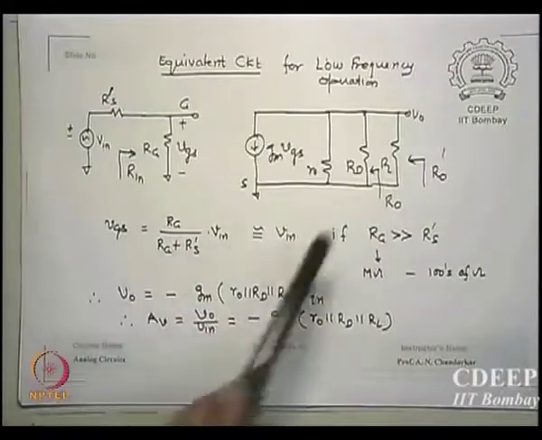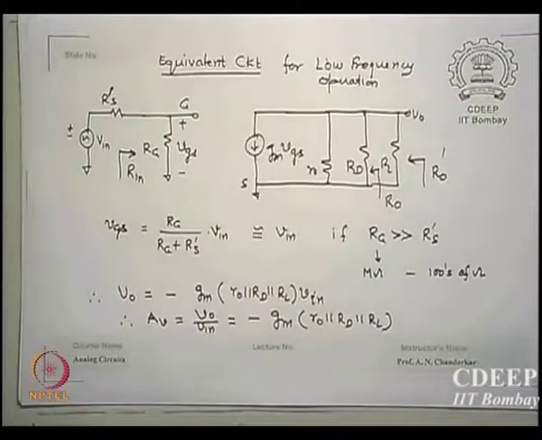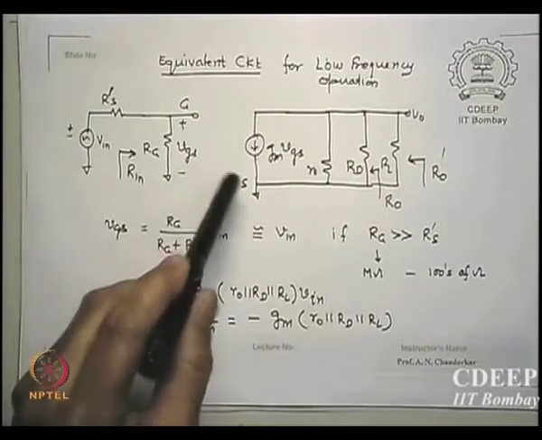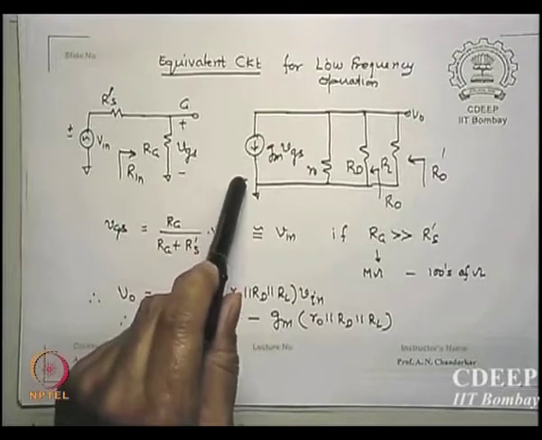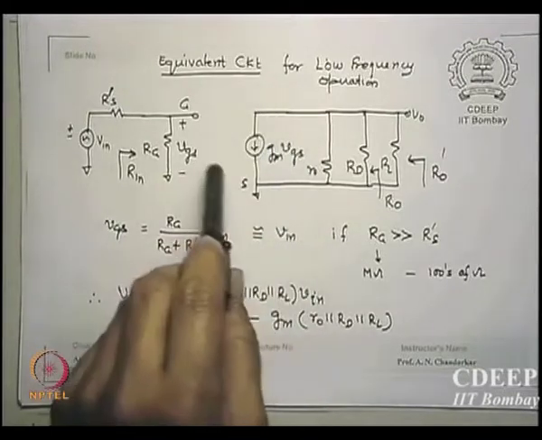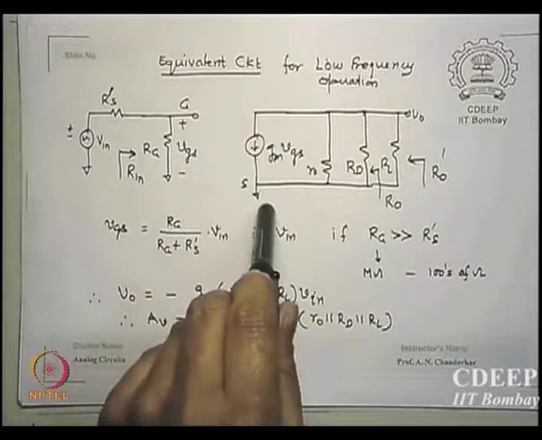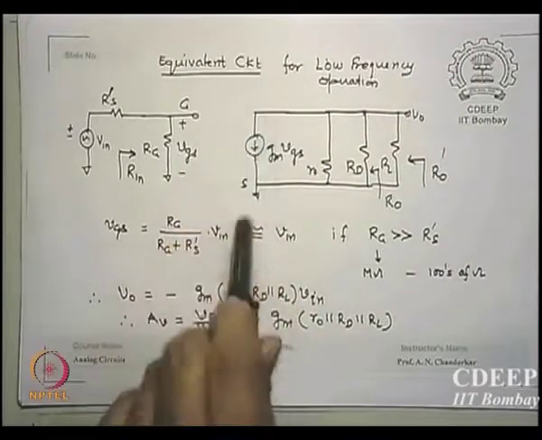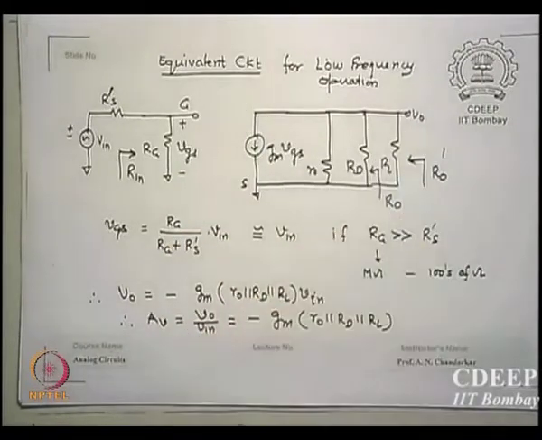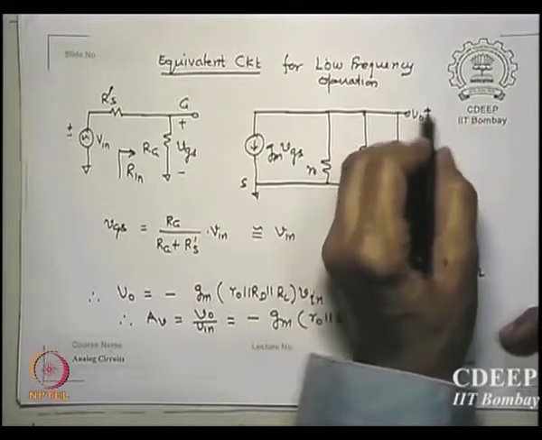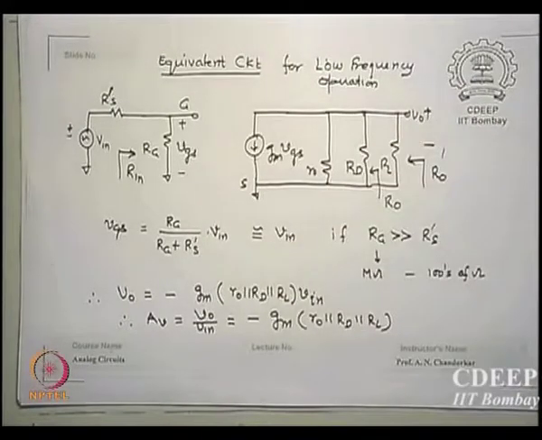At the output side, what is the current? The only current source is GmVGS, but the direction of current is what? From drain towards source, is that correct? GmVGS, but the output is always shown as plus minus. So what should be the sign?